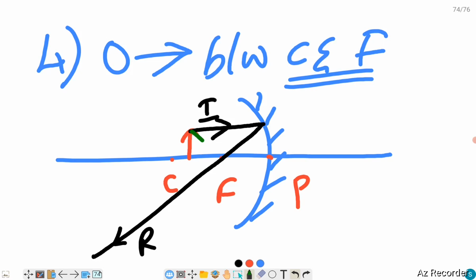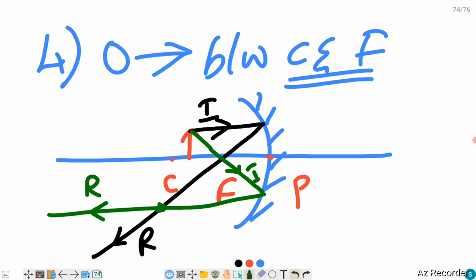So through focus you need to take the incident ray. Then draw the reflected ray parallel to the principal axis. This is R. Now this is the point of intersection. Join from the principal axis. Now this is the image.